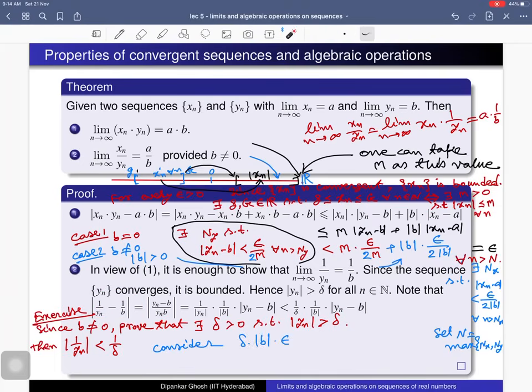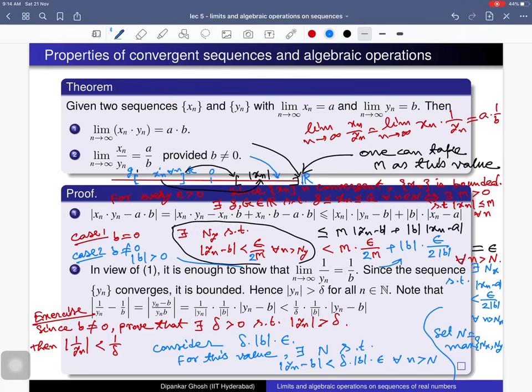So for a positive epsilon, if you consider this quantity, that is also positive, and since b is the limit of yn, for this positive value there exists a natural number n such that this distance yn minus b is less than delta times mod b times epsilon for all n greater than n.